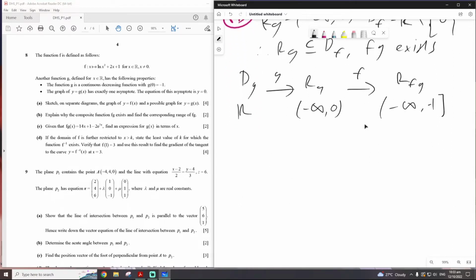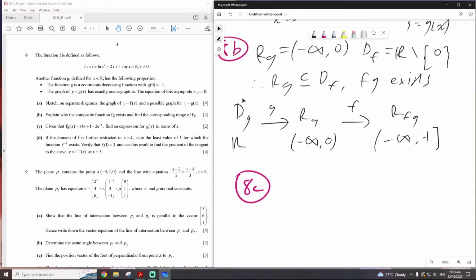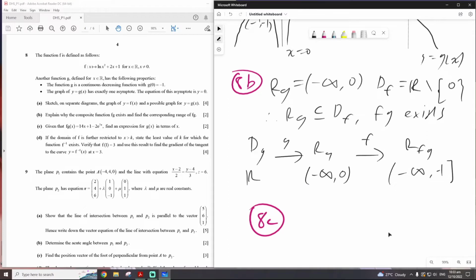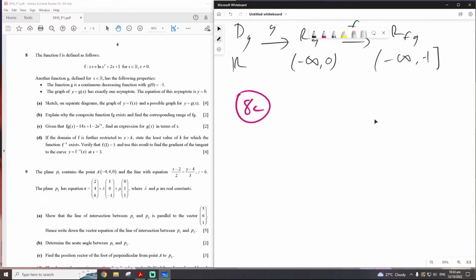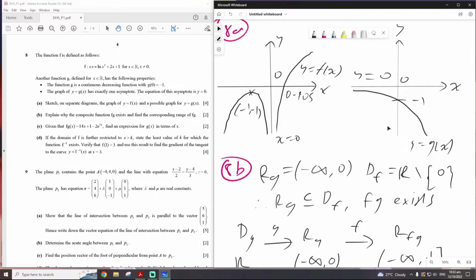Given that fg is this expression, find an expression for g of x. Now the problem here is that we can see from the graph that f is obviously not one-to-one. There's no inverse function. So how can we solve for g of x? Intuitively speaking, we can guess and check our way to find g of x.